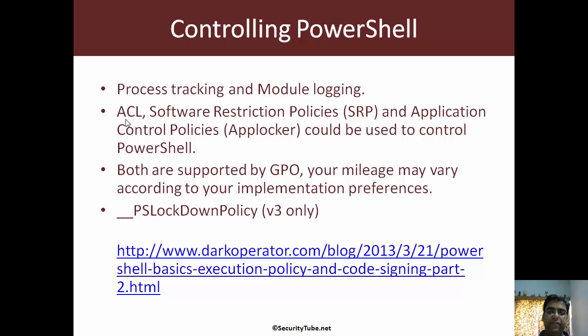All of these have their pros and cons, or their good sides and bad sides. SRP and AppLocker are supported by GPO. Both refers to SRP and AppLocker here. And yes, the mileage may vary according to the implementation and the network you're trying to protect.